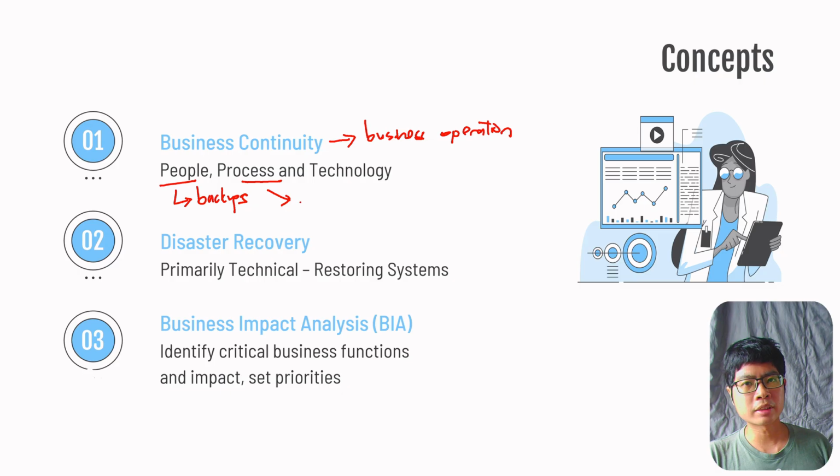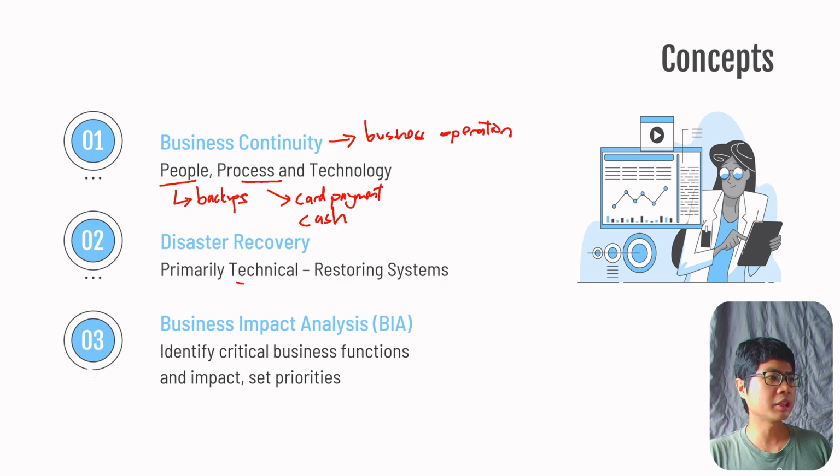Maybe sales would take place using technology, maybe we accept, let's say, card payment. And when that fails, we would have to fall back to something using maybe cash. That could be a non-technology solution to ensure that the business can continue to operate as per usual. And that is where lies the difference with disaster recovery.